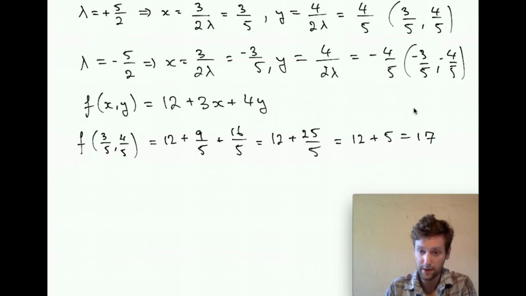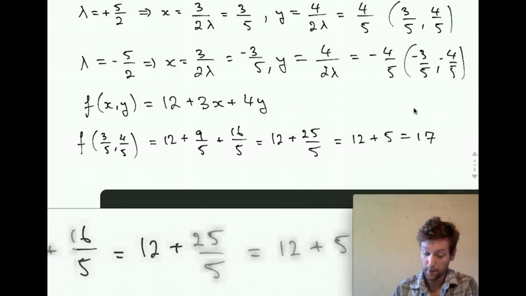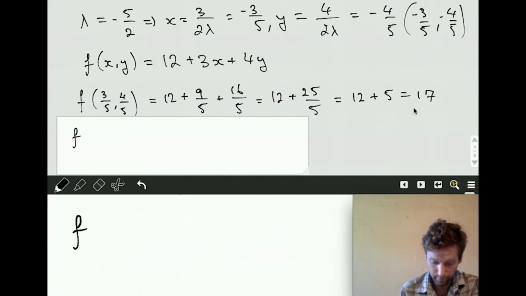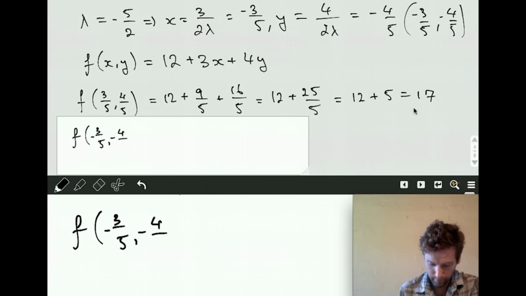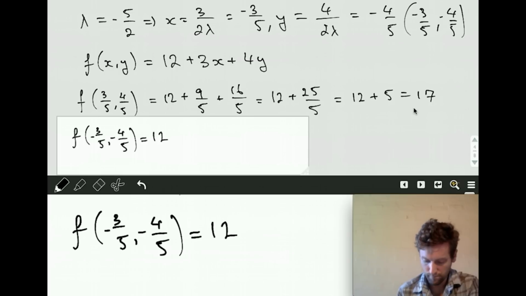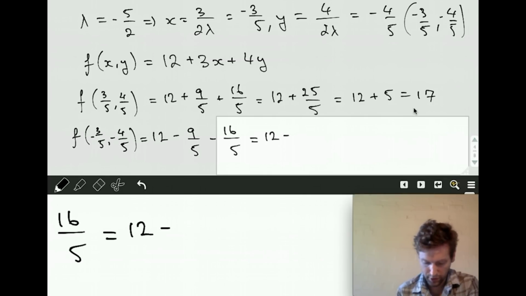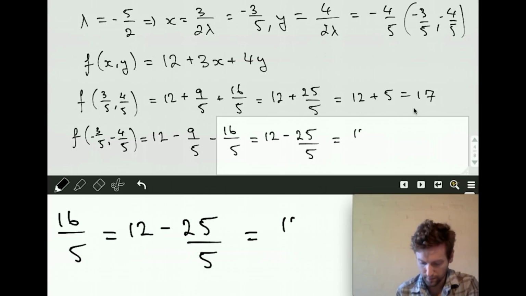Let's do the same thing for the value at minus 3 over 5, minus 4 over 5. So we've got 12 minus 9 over 5 minus 16 over 5, which is equal to 12 minus 25 over 5, which is 12 minus 5, which is 7.